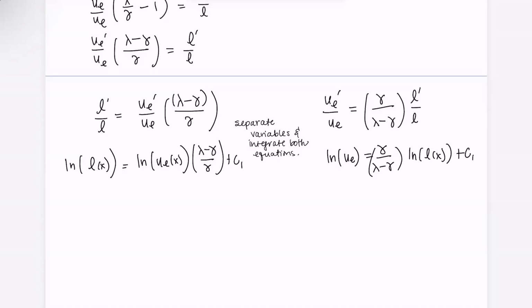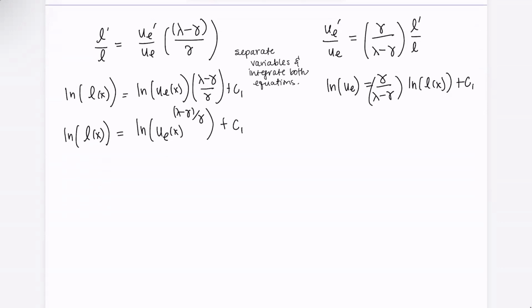Okay, and so I am going to rewrite this as natural log of L of X is equal to natural log of UE of X raised to the lambda minus gamma over gamma power plus a constant. And then I'm going to exponentiate both sides.